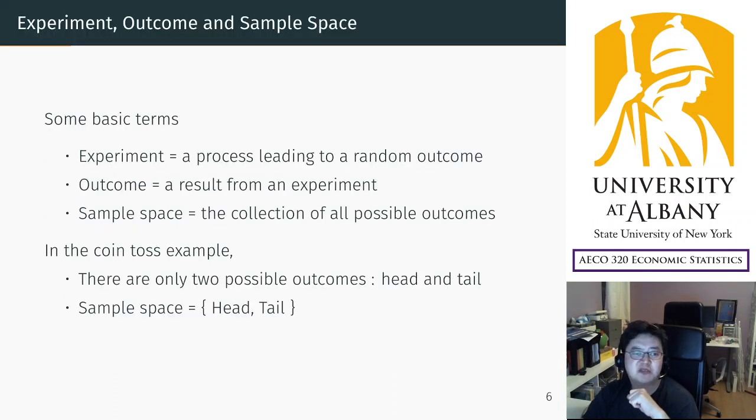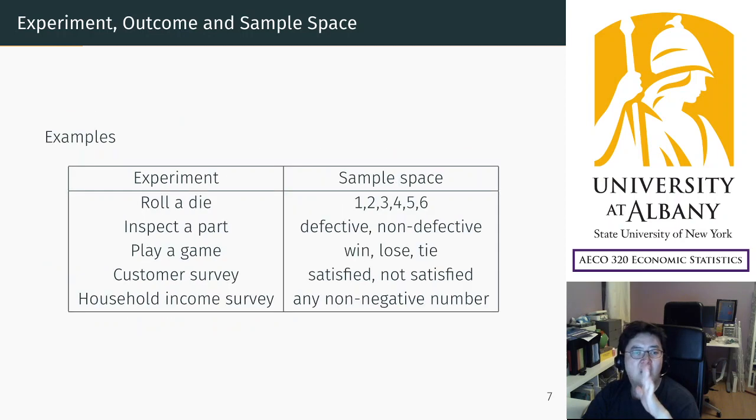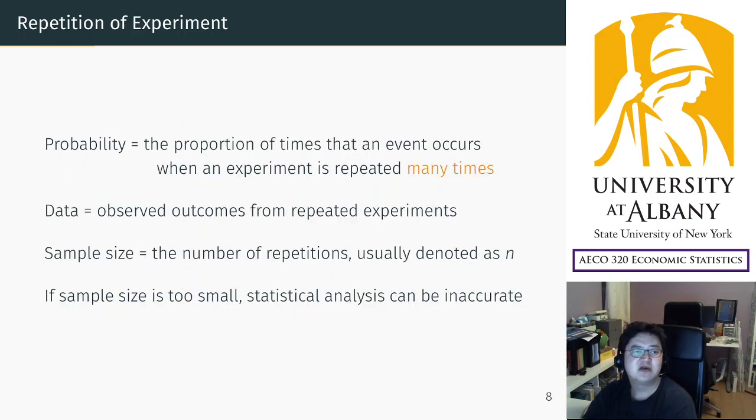Experiment, when you think about experiment, what I emphasized was repetitions. You have to imagine repeated experiments, and their outcomes are your data. You observe the outcomes from repeated experiments, and that's your data. And we call the number of repetitions the sample size.